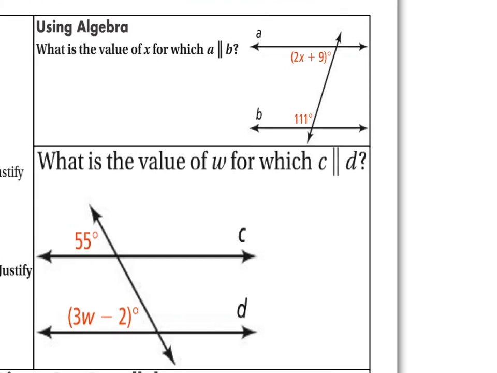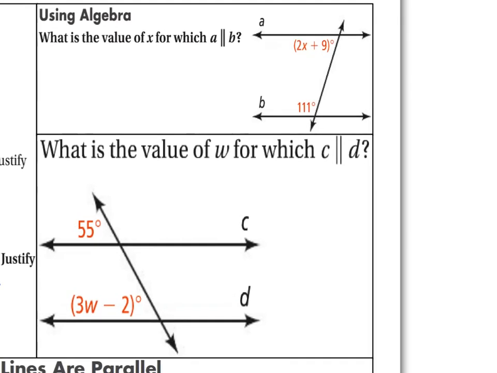It says, what's the value of x for which A is parallel to B? Well, if A and B are parallel, we've got to look at this and figure out what type of angles we have first of all. If A and B are parallel, these are same side interior angles. So if they're same side interior, they have to add up to 180 degrees.